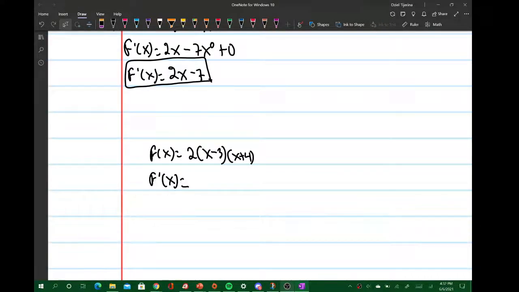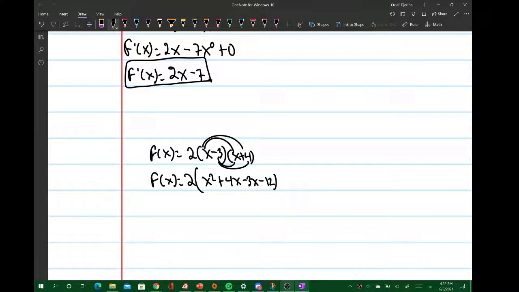So really, you're gonna have f prime of x, or not f prime of x, excuse me. It's gonna be f of x equals 2 times x squared plus 4x minus 3x minus 12, because you're going like this using the FOIL method. And you have f of x equals 2 times x squared plus x minus 12.